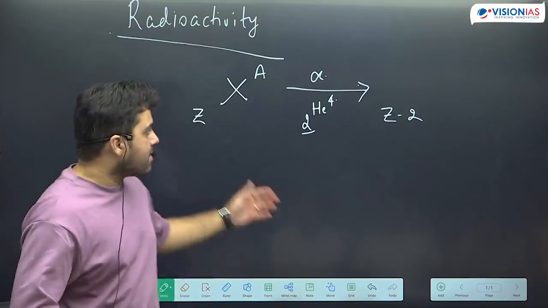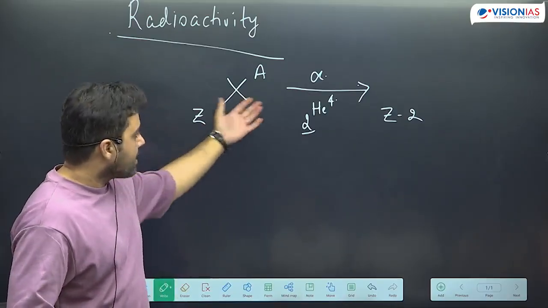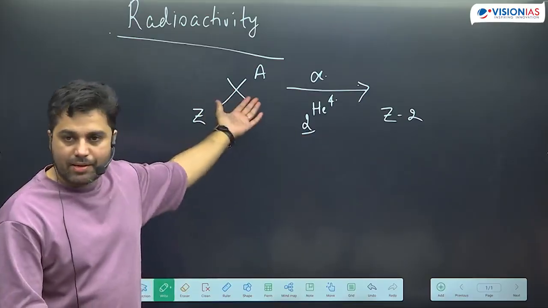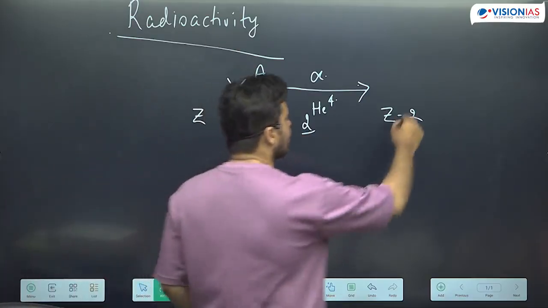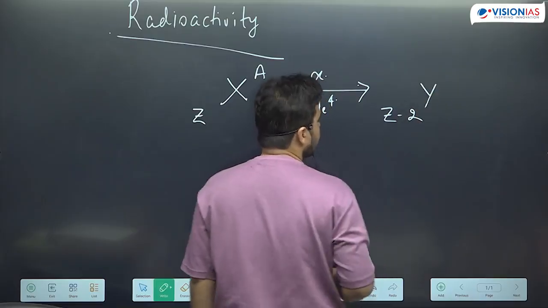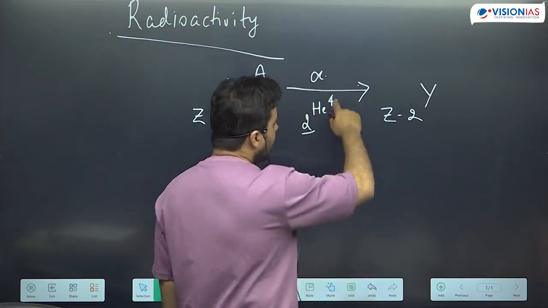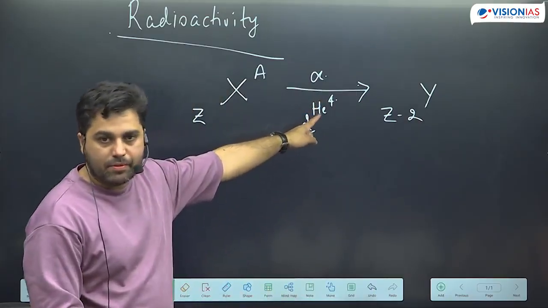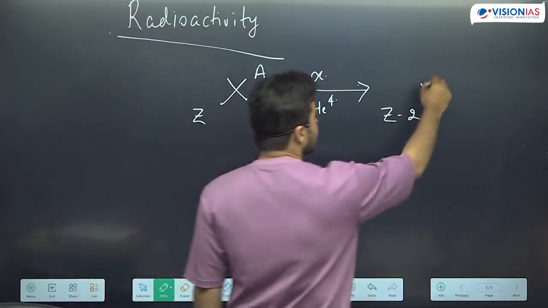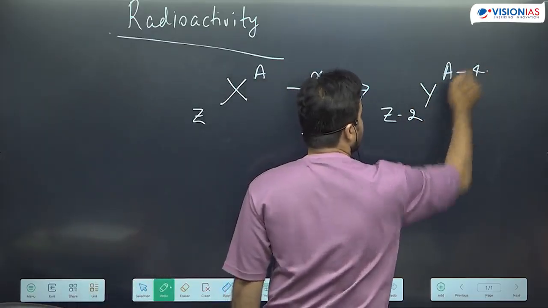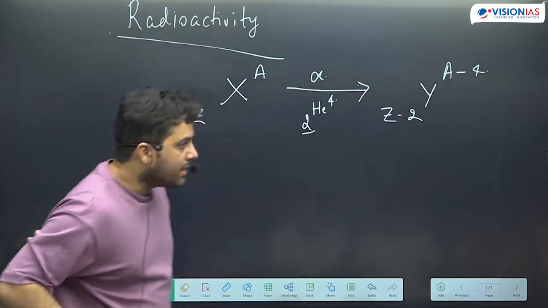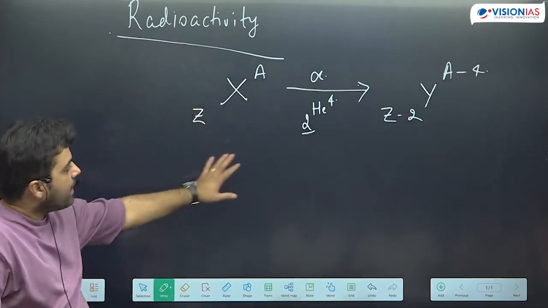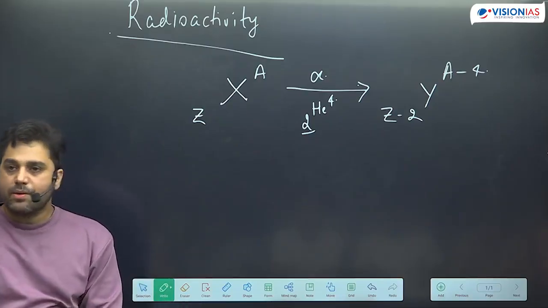So if I started with atomic number Z but now it is Z minus 2, it is clearly not X, it has become something else, let's call that Y. And 2 neutrons have also been removed, so its atomic mass is also going to decrease by 4. So I can call this a parent nucleus and that a daughter nucleus.